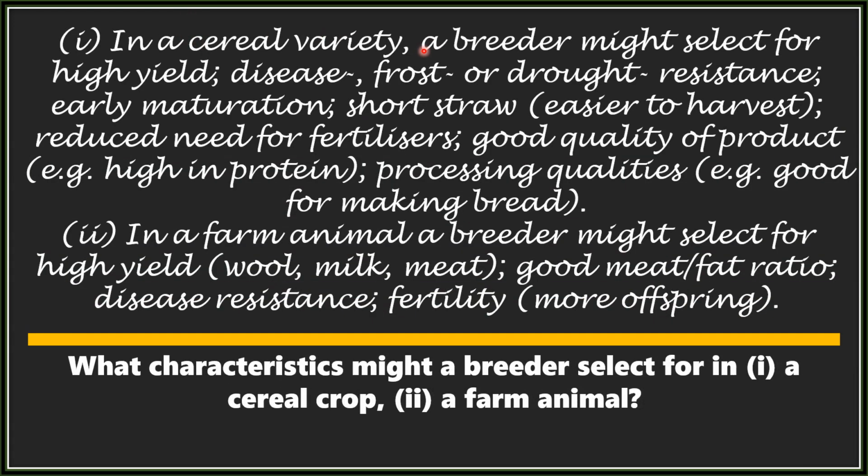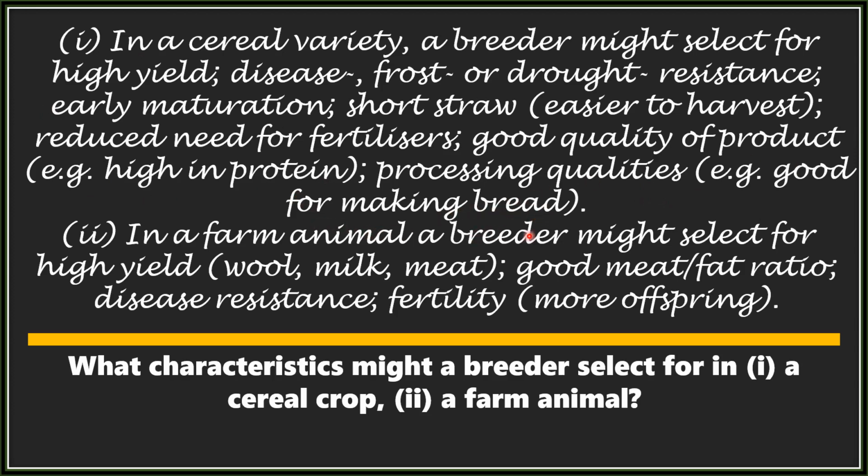In a cereal variety, a breeder might select for high yield, disease, frost or drought resistance, early maturation, short straw, easier to harvest, reduced need for fertilizers, good quality of products, high in proteins, processing qualities, good for making bread.